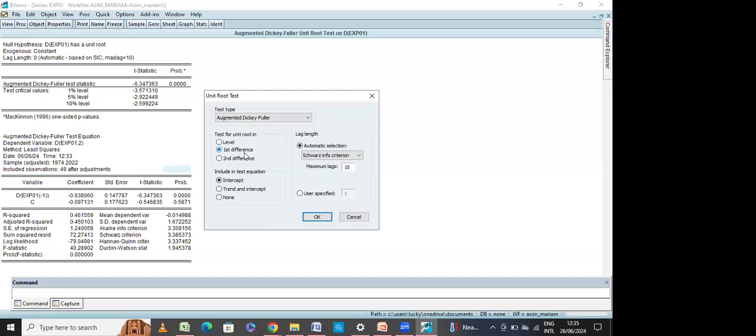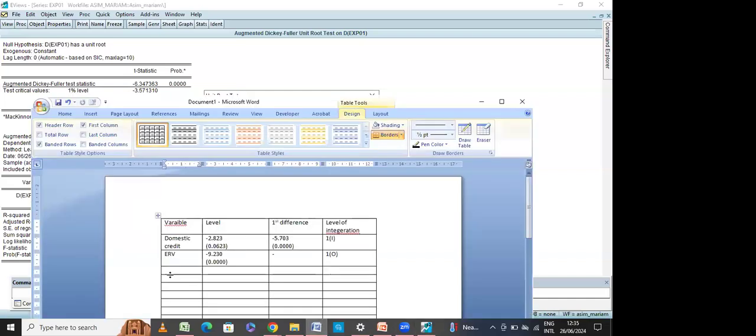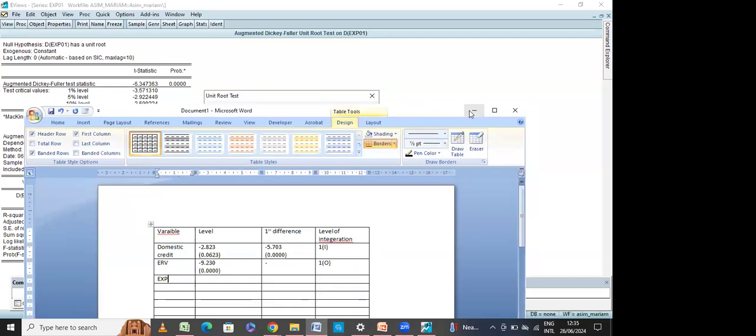If I select first difference, EViews automatically calculates at the first difference. Here EViews automatically calculates at the second difference. So see, here I have the export variable. I write down here, at export, in my table.